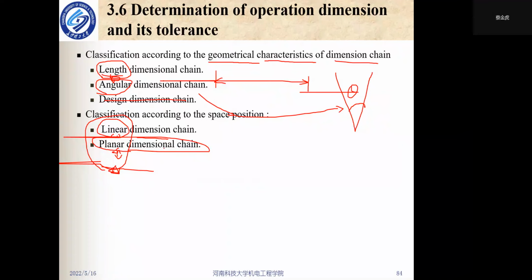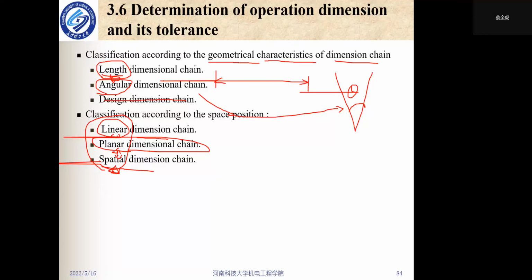The last one is the spatial dimension chain, where the dimensions in the dimension chain are not in the same or parallel planes.